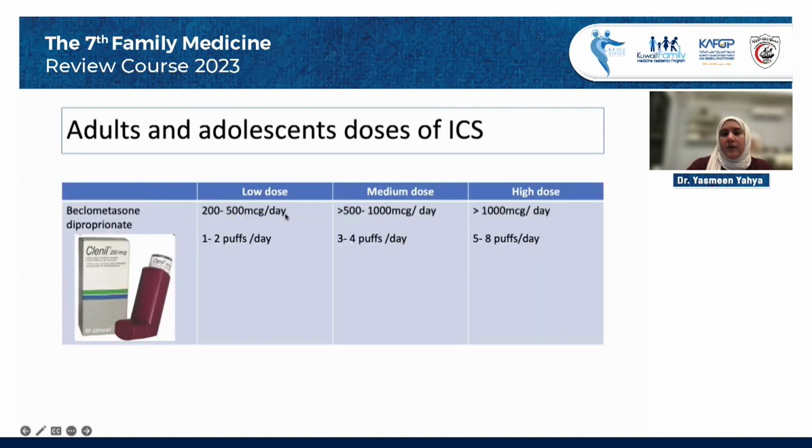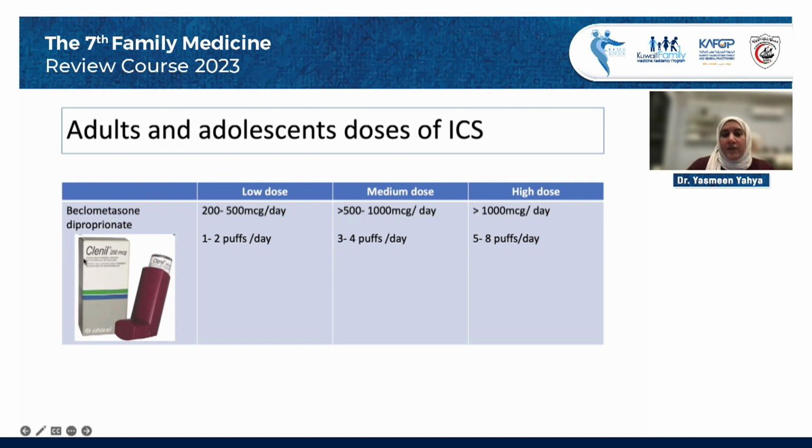And you need to be aware of the doses of ICS for each inhaler, because when you're taking the stepwise approach, you need to start with the lowest dose, and then you can go to the medium or high dose.